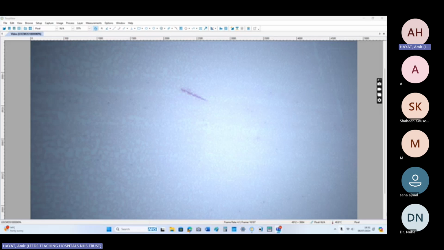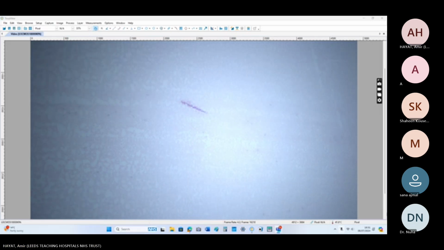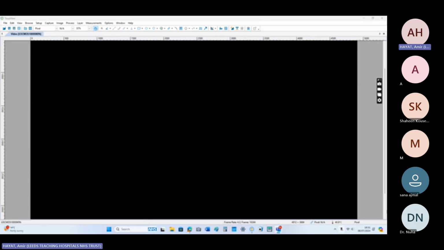So better to remember five or six from them. So if there is eosinophilia, always start from power 4. There may be a worm in the blood film. If there is no worm in the power 4, then it will be eosinophilia associated with malignant neoplasm or chronic eosinophilic leukemia. This is power 4, and we can see there is a worm inside.